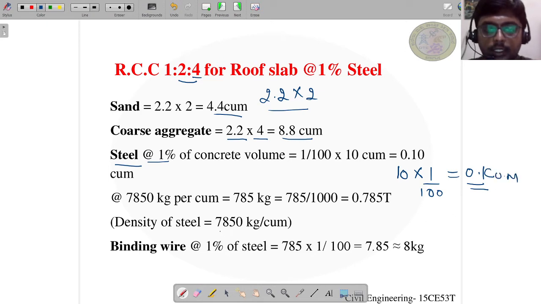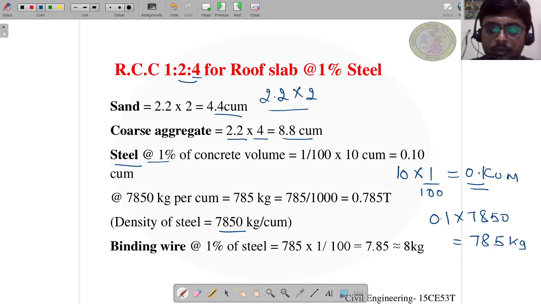We know the density of steel as 7850. Just multiply 0.1 into 7850. So we get 785 kgs, which, if you divide by 1000, because 1 ton is equal to 1000 kg, we get 0.785 tons.